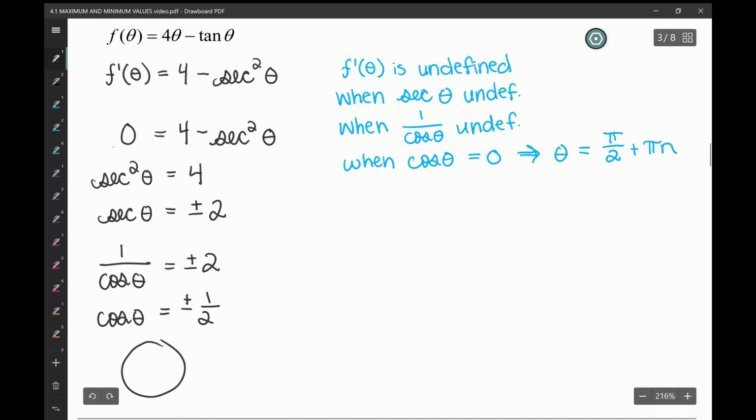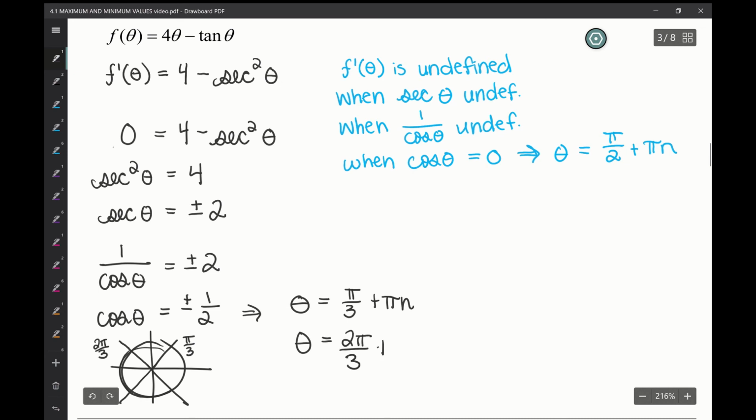If we're looking at a super sketchy unit circle here, that will occur at pi over 3, at 2 pi over 3, and then each time we add pi to the pi over 3, or add pi to the 2 pi over 3. So theta will be equal to pi over 3 plus pi n, or 2 pi over 3 plus pi n.